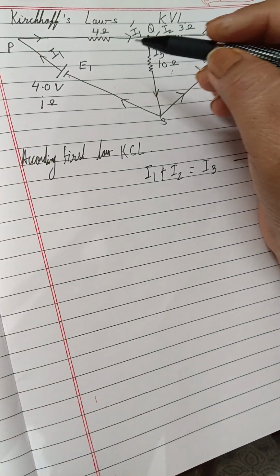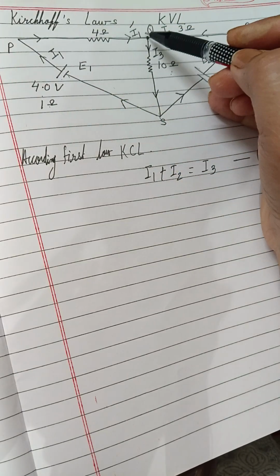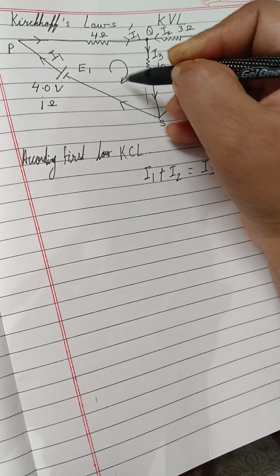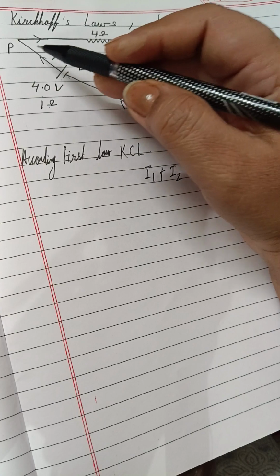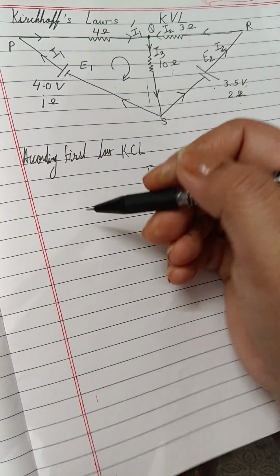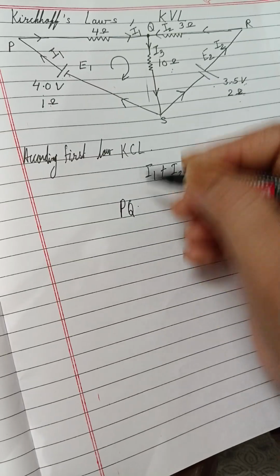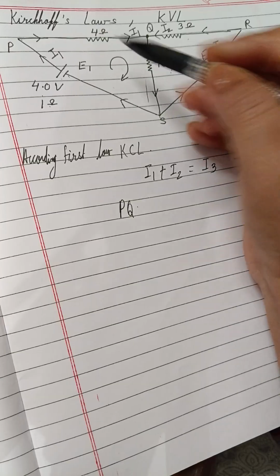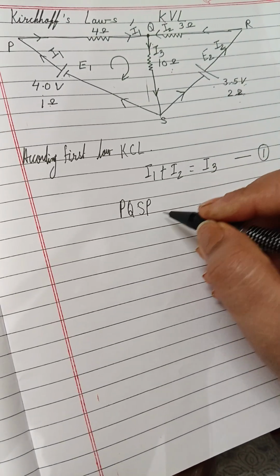So here first we are going to find out for a closed loop. First I am going to find out for this, because the direction of the current is moving like this. You can see that from the diagram also, and I can take a closed loop. So my closed loop is PQSP.